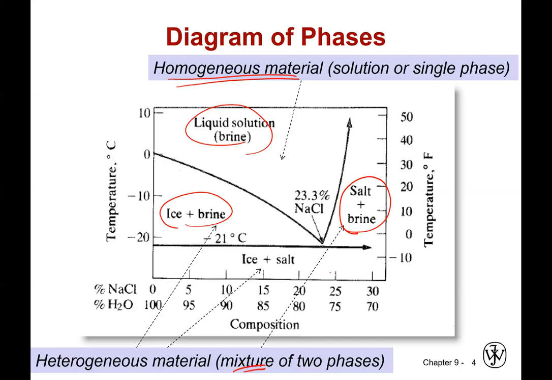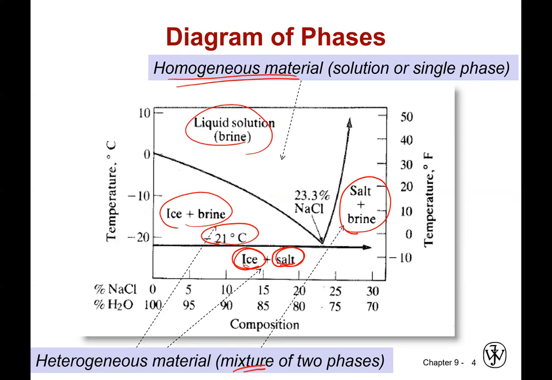All right, now in the salt solution case, you can see that I have to get below minus 21 degrees C before I actually start to form ice and salt. Now in this case, this would be ideally 100% water as solid ice, and then 100% salt. And so they would completely separate out.